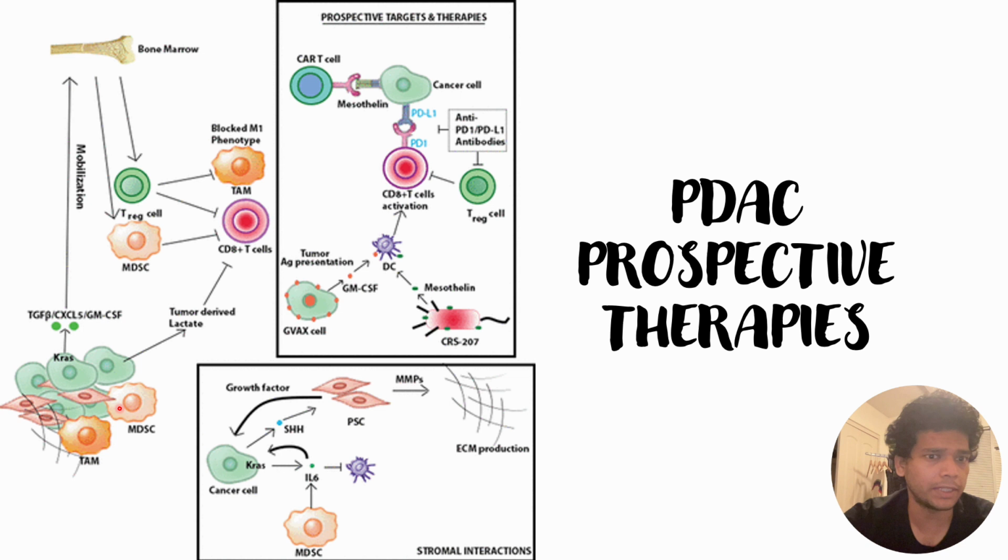Simultaneously, because of the metabolic changes in the tumor microenvironment of pancreatic adenocarcinoma, a higher amount of lactate is secreted, which will also inhibit CD8 plus T cell function by reducing the pH near the tumor, in the tumor microenvironment.